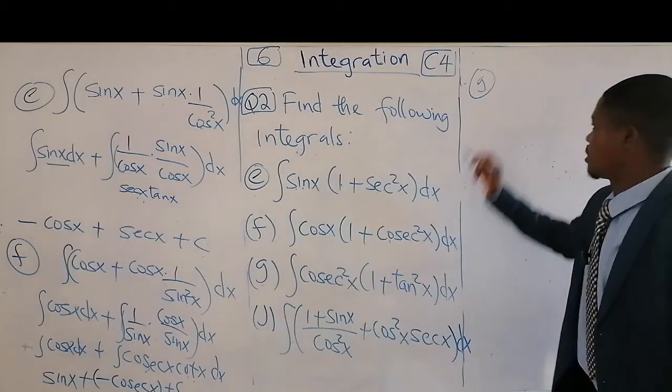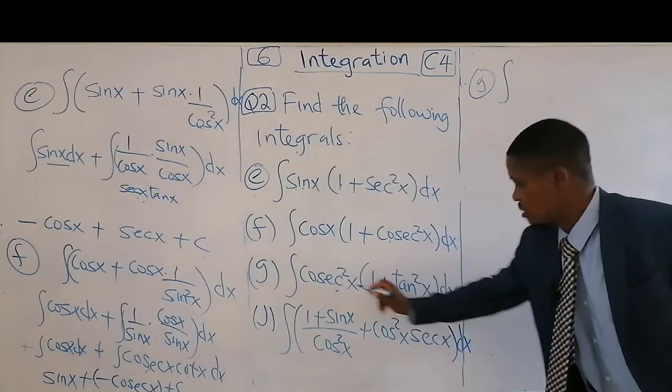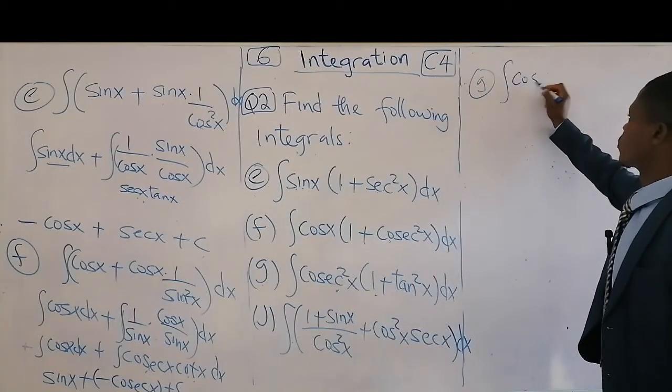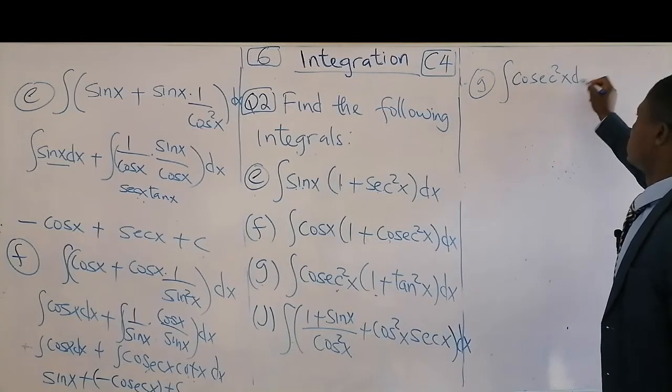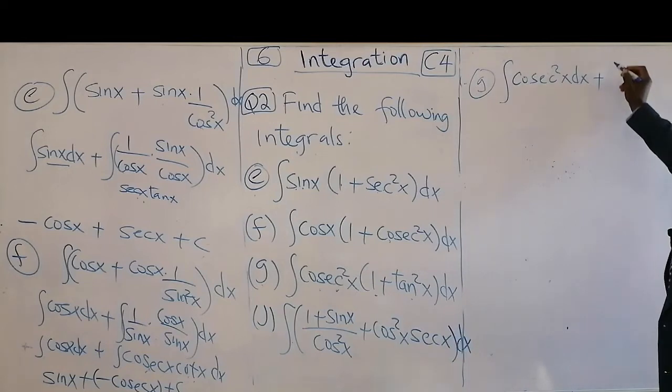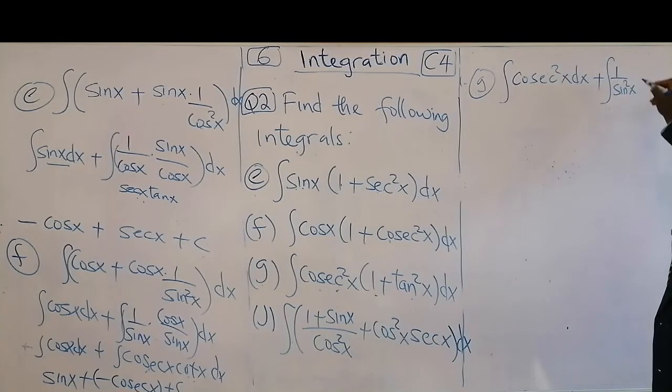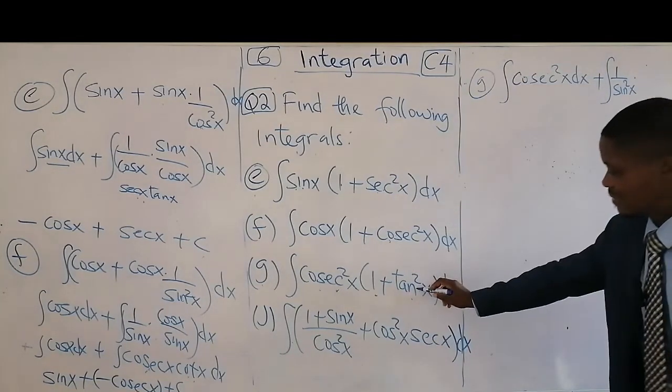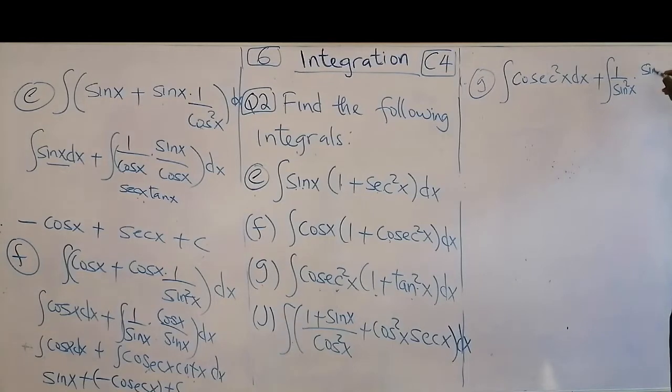The g parts, do the same thing also. Open the brackets, and that will be equal to integral of this one times this one, that's cosec square x dx, then plus this one times this one, plus integral of, don't forget that cosec square x is 1 over sine square x, times tan square x meaning sine square x over cos square x, dx.